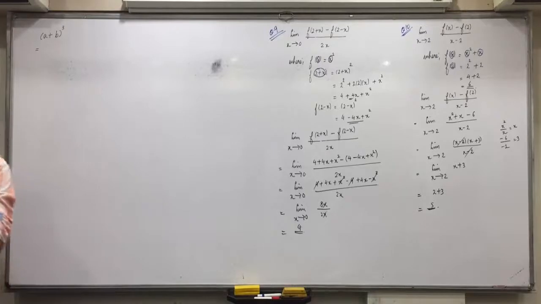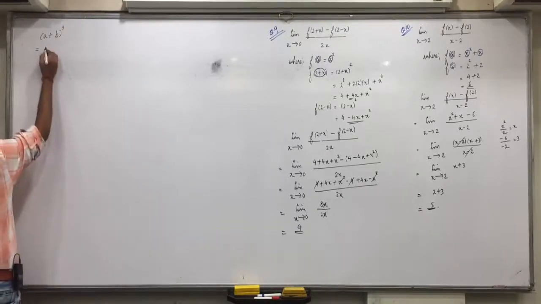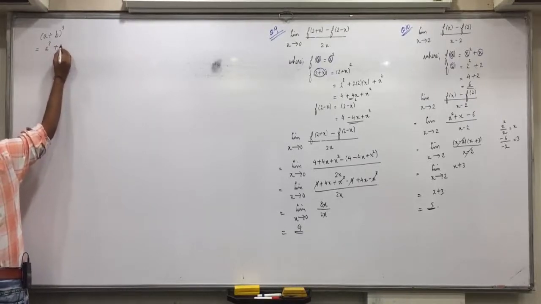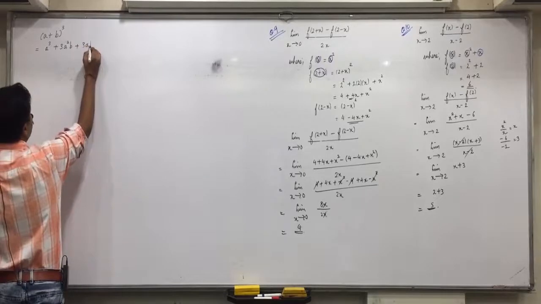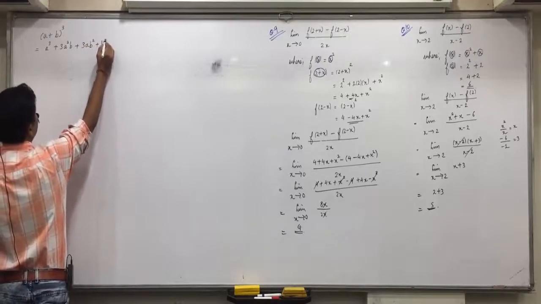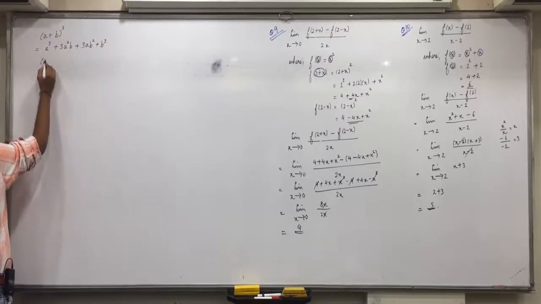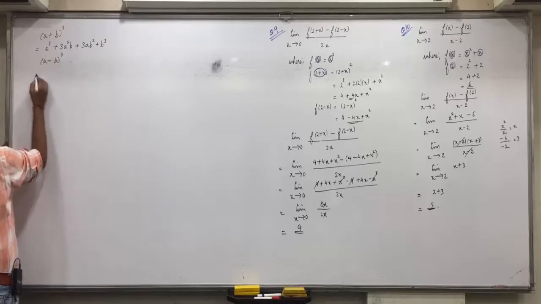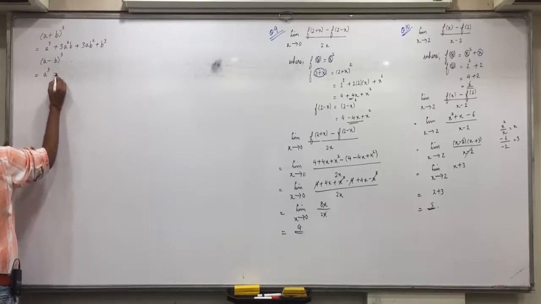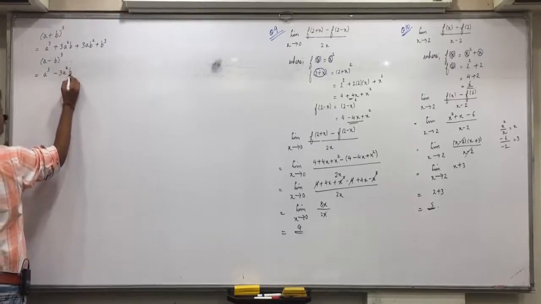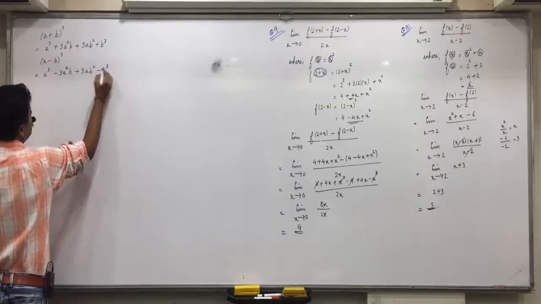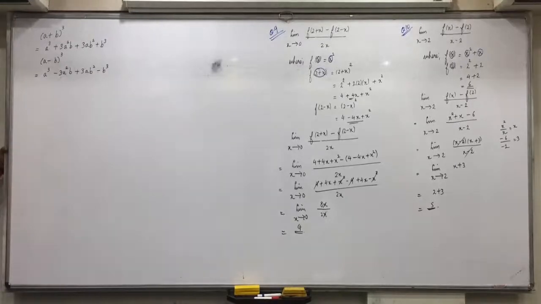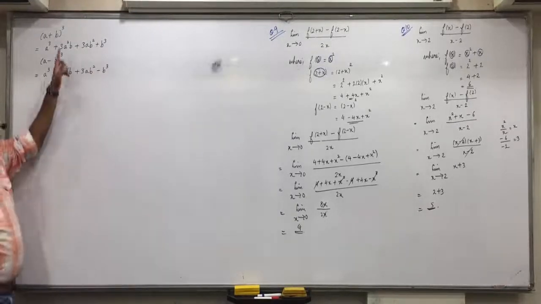Note down two formulas which will help in this chapter. (a + b)³ = a³ + 3a²b + 3ab² + b³, and (a − b)³ = a³ − 3a²b + 3ab² − b³.